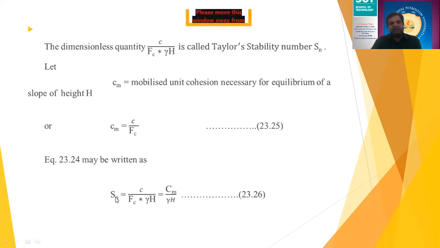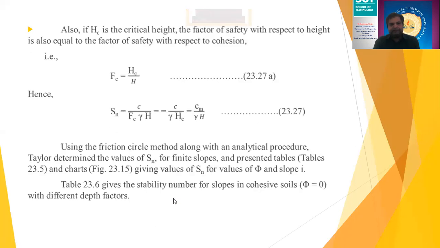So whatever the value of Sn, Sn is C upon Fc into gamma H. Now this C upon Fc, we have already said is Cm. So I'm replacing it here: Cm upon gamma into H. So this value will come.